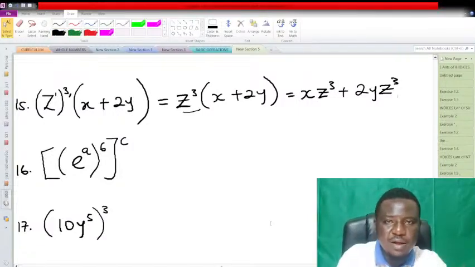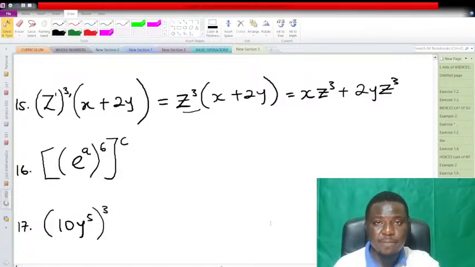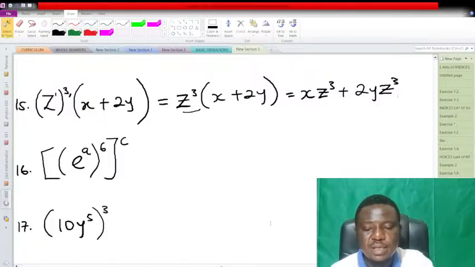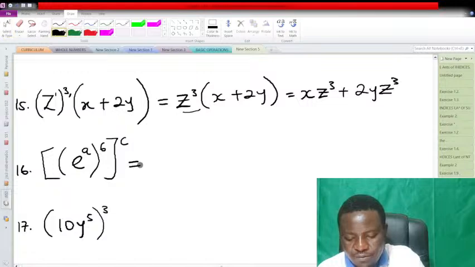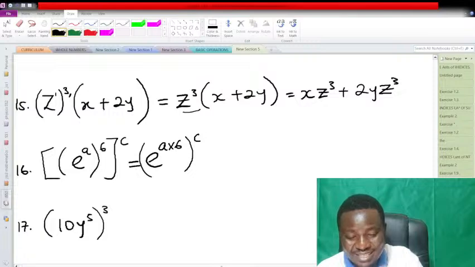Okay, Sarah, for question 16, this is what you will get. Irrespective of the number of powers you have, all you need to do is to multiply the powers. Starting from the bracket inside, you have to simplify it, and this is going to give you exponential a times 6, all raised to power c.